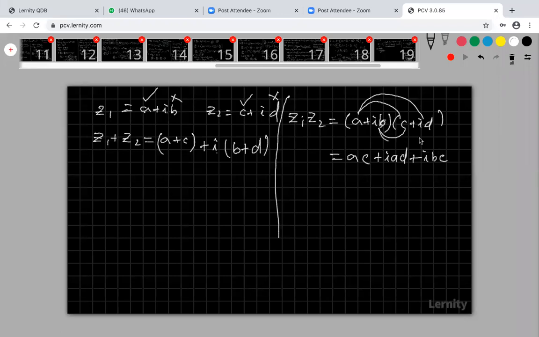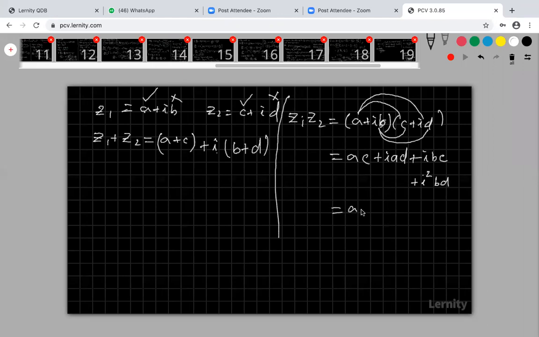Multiply these two, I into I square BD, this is I square BD.